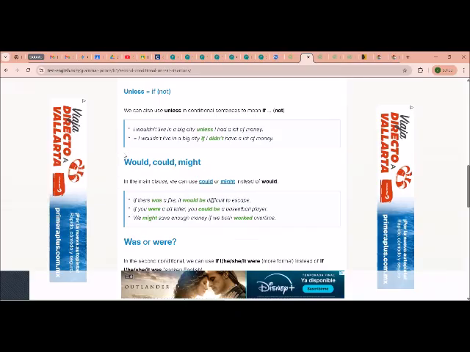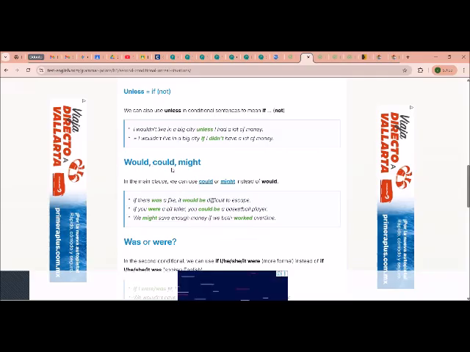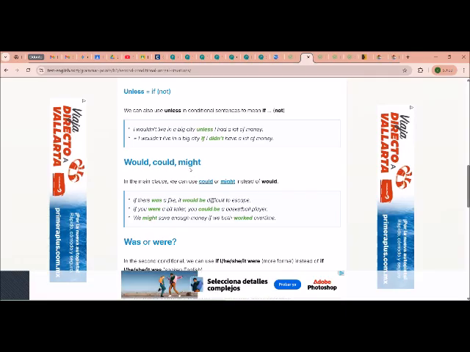But in this case, you have a little less options. In your result clause, try to stay close to the unreality of this particular type. So you can change would to could, just like a past version of can from the first, and might, which is like a past version of may, although might is much more flexible.